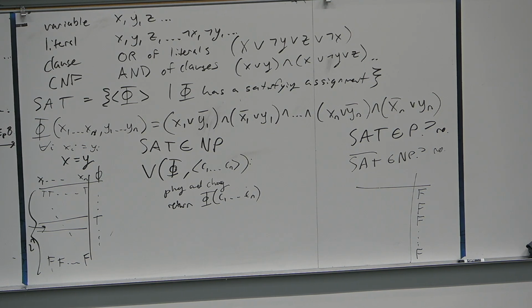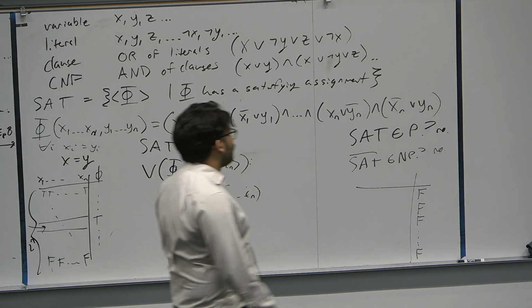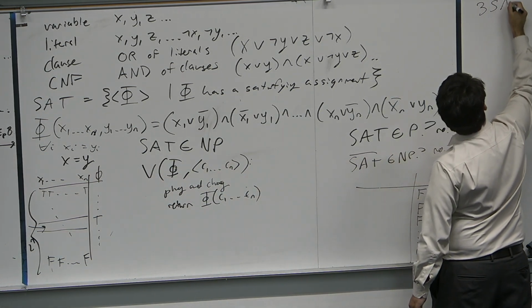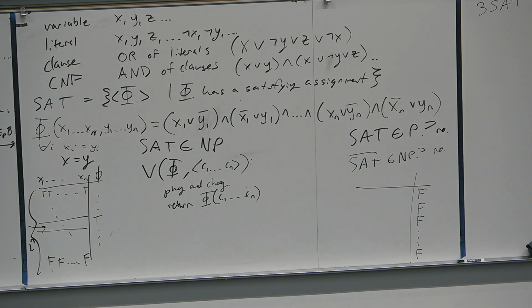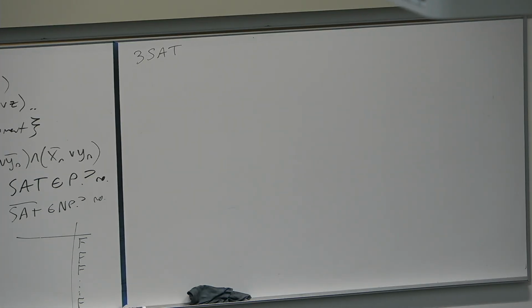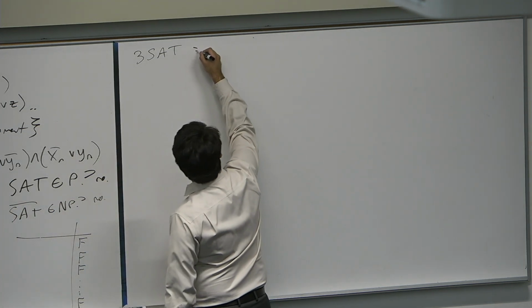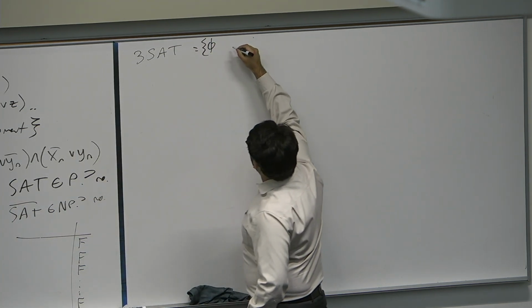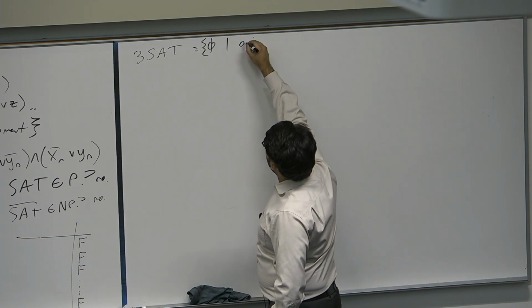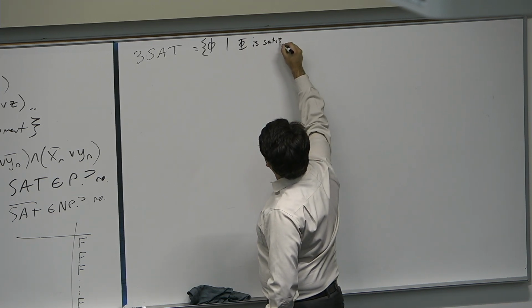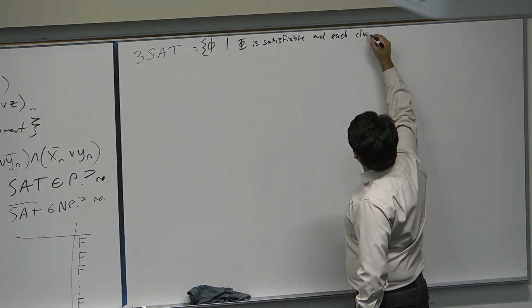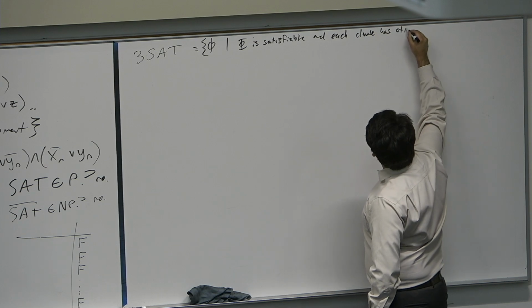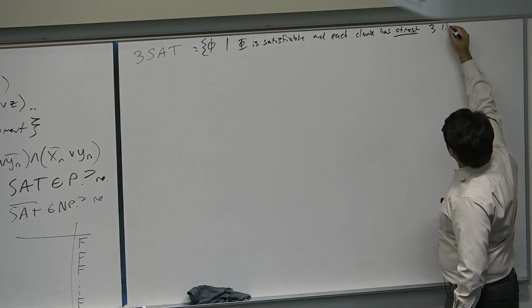But I want to argue about a variant of SAT called 3-SAT. 3-SAT is the same thing as SAT, where you have these formulas, and phi is satisfiable, and each clause has at most 3 literals.